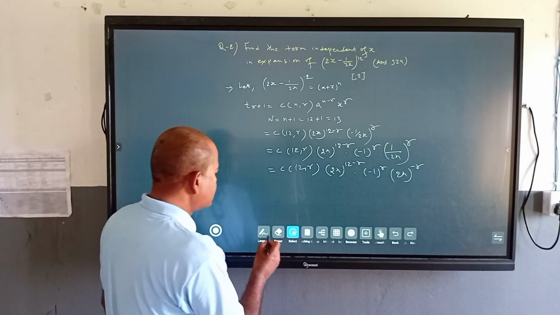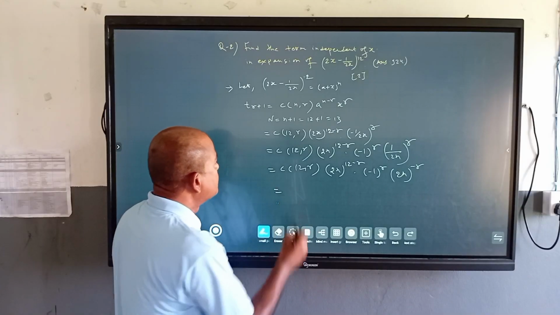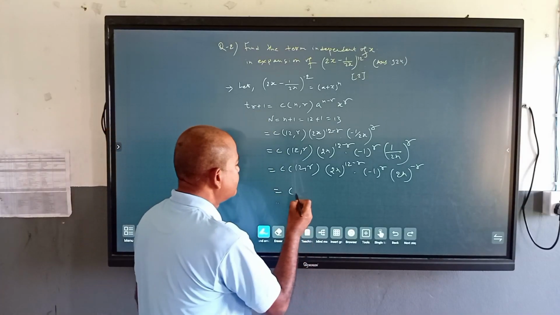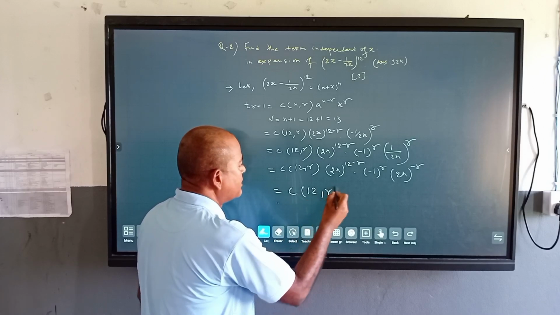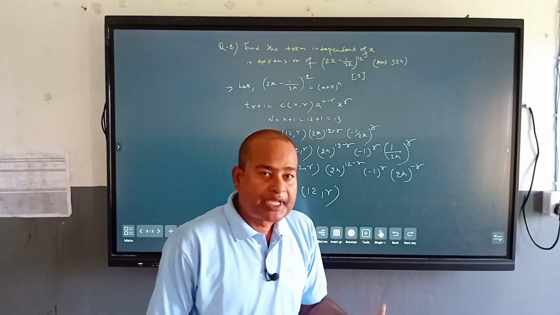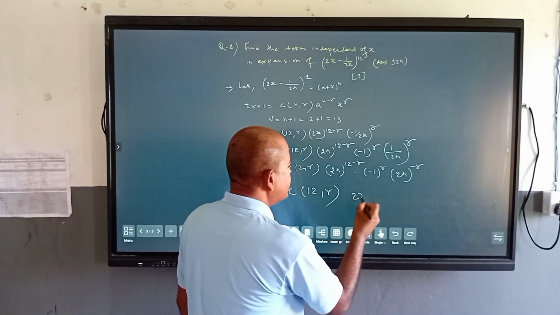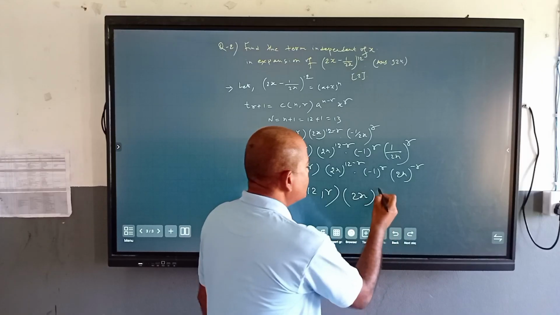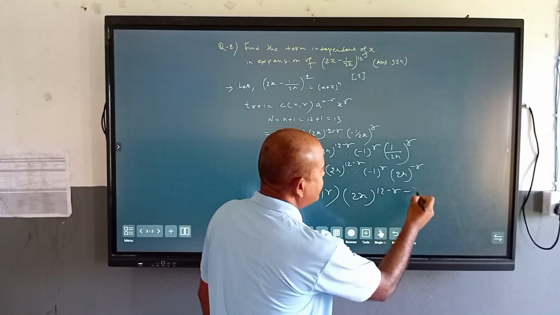So dear students, now let's find out the general term, that means T(r+1) of the given binomial expansion. So this is as it is. Now (2x), both these terms have the same base, so we can write 2x, and now we can multiply each other. So 12 minus r minus r.